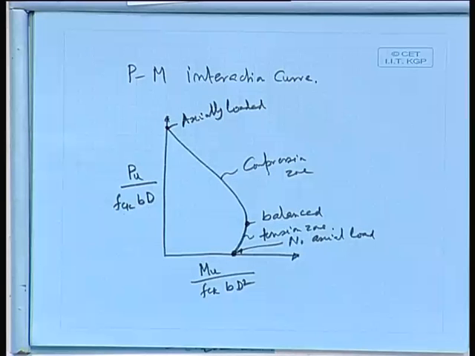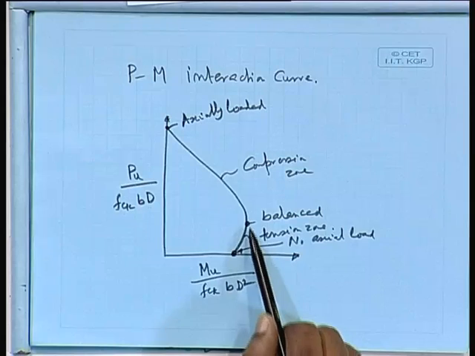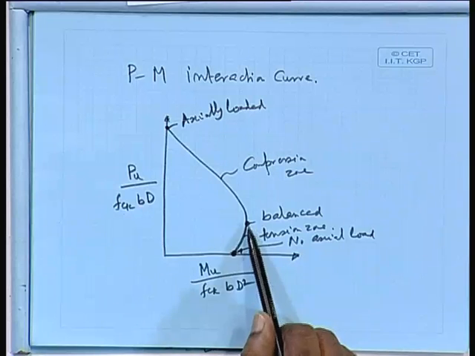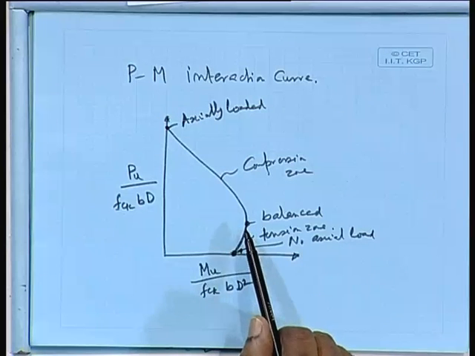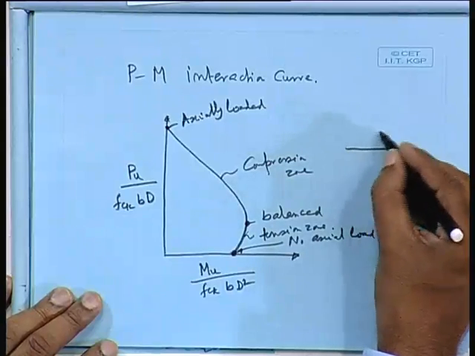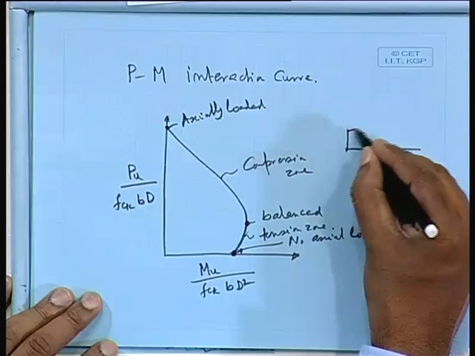Then we have one case where there is no axial load, that means it is simply a beam problem and the neutral axis is within the section. Somewhere we have the balanced section, then sometimes the tension zone. Finally, the neutral axis goes out of the section and we get a purely compression zone. Even the strain distribution there may be something like this.